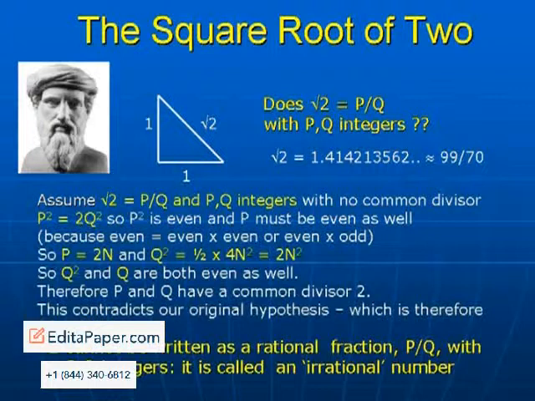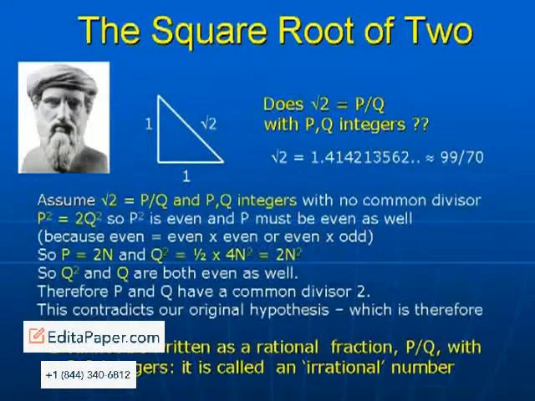So this means that p is twice some other number. We'll call it n, and if we put that back in here, we have that 4n squared is 2q squared, so q squared is 2n squared, so q squared is an even number, and so by the same argument, q must be an even number.